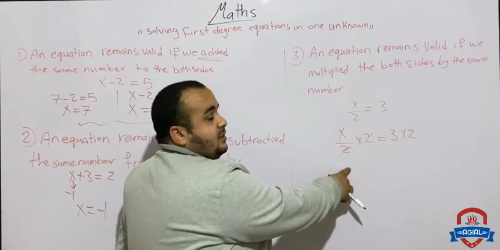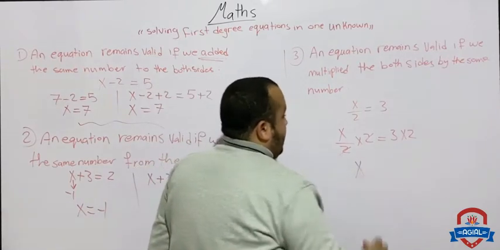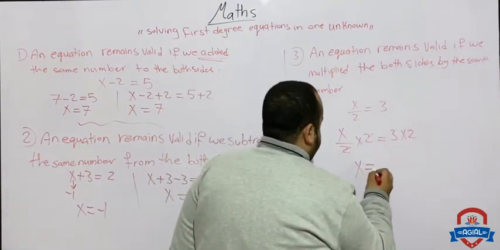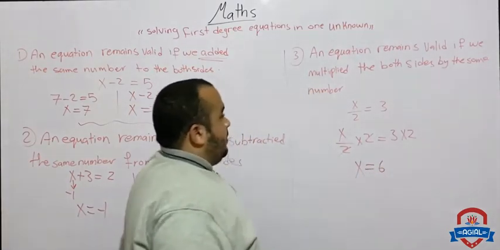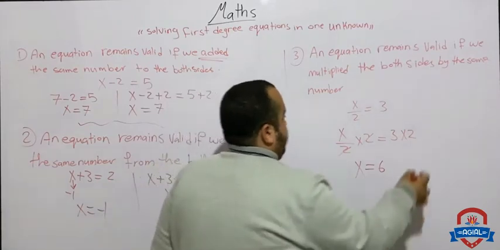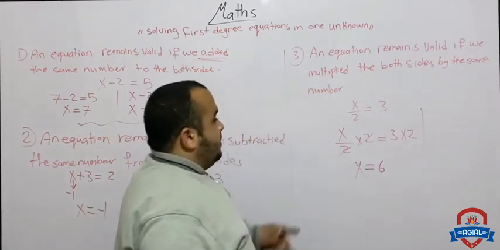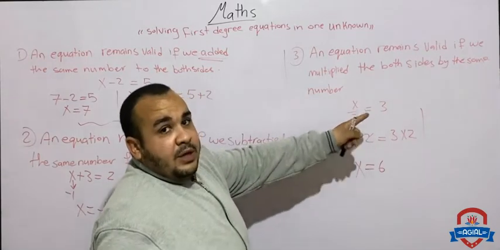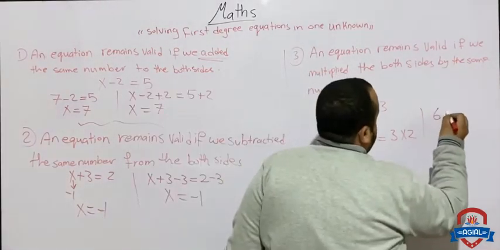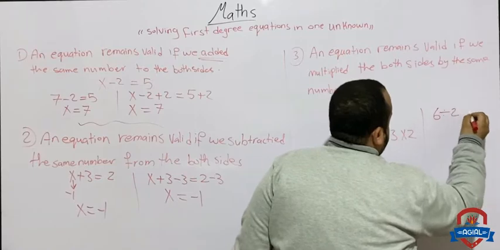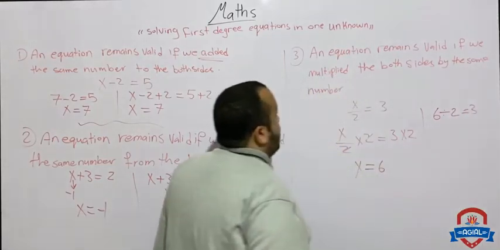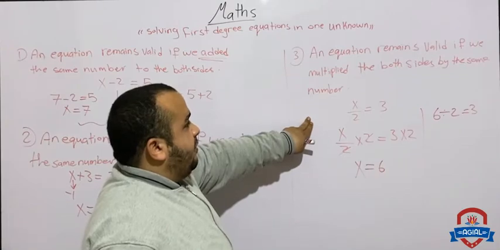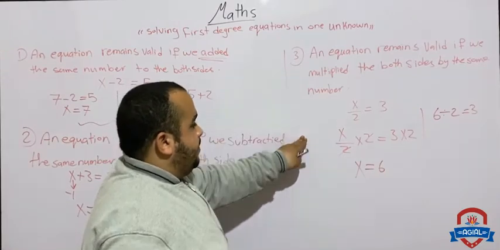So the left-hand side equals x and the right-hand side equals 6. In another way, 6 is the unique number that, if we divide it by 2, gives 3. So an equation remains valid if we multiply both sides by the same number.